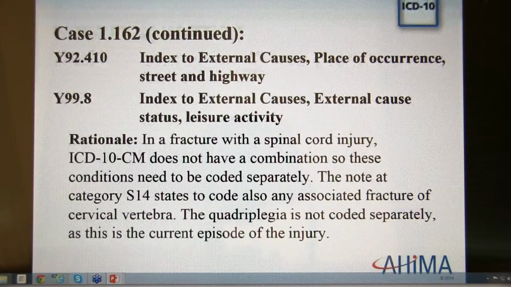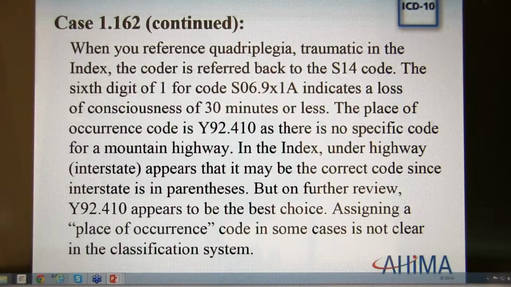If you were to try to go look these codes up in the coding books, you would kind of be bounced around the index as it pushed you to and from the correct codes or codes that you need in order to build that out. So that's why for your coding staff, going through some of these exercises will be really helpful before go live, just to get familiar for some of the differences in how we code for injuries.